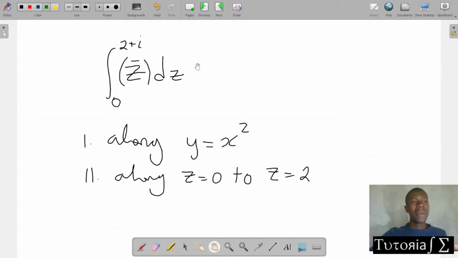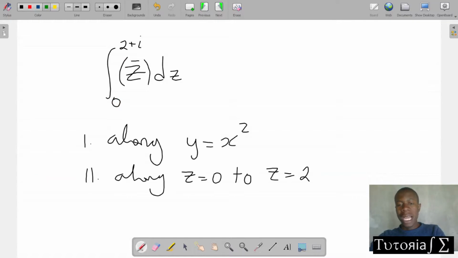So I think the best way to start this lesson is by an example, because we are already acquainted with integration, how to integrate on lines. We've done line integrals. So we have a function here that we're integrating, with respect to z, from 0 to 2 plus i.